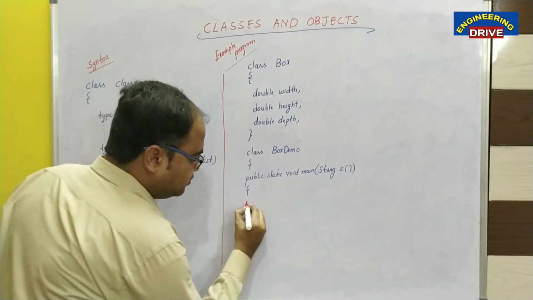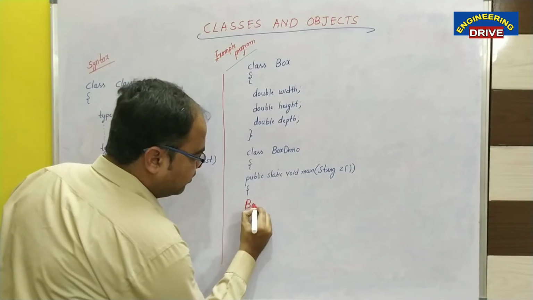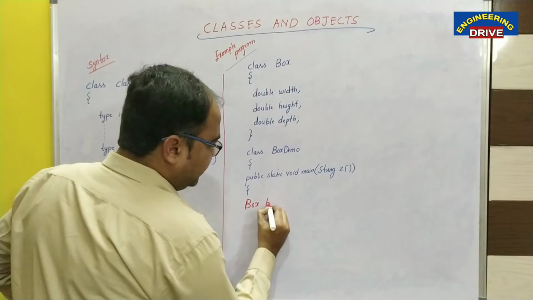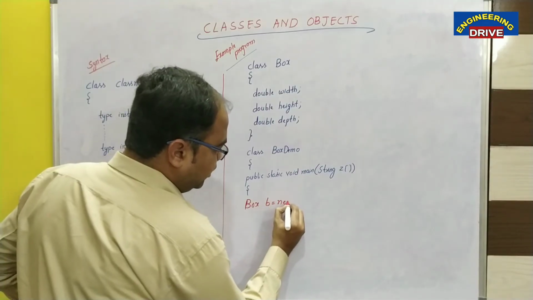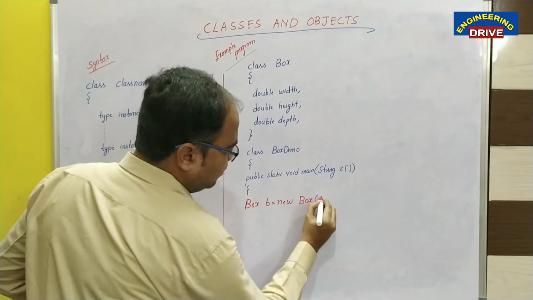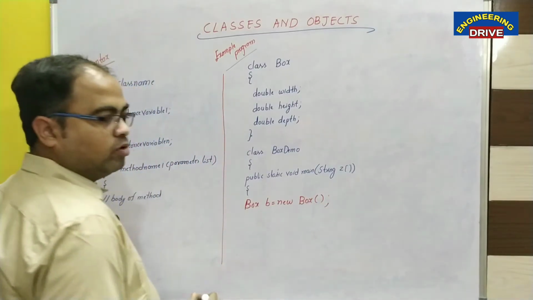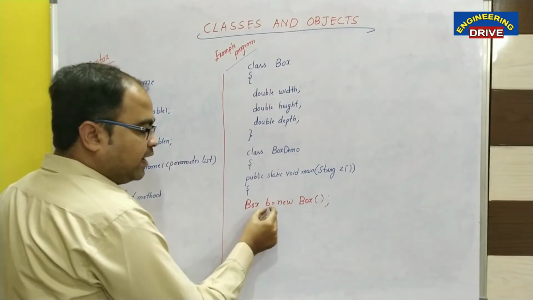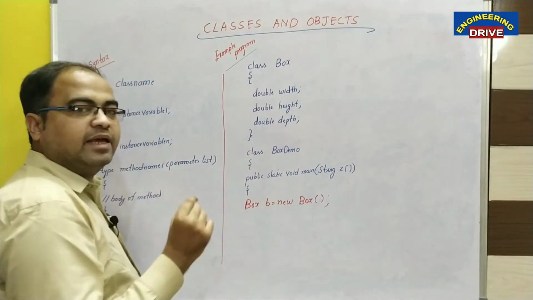See here, make use of the keyword Box. Box b = new Box. So what is the name of our class? Box. This small b is nothing but an object.